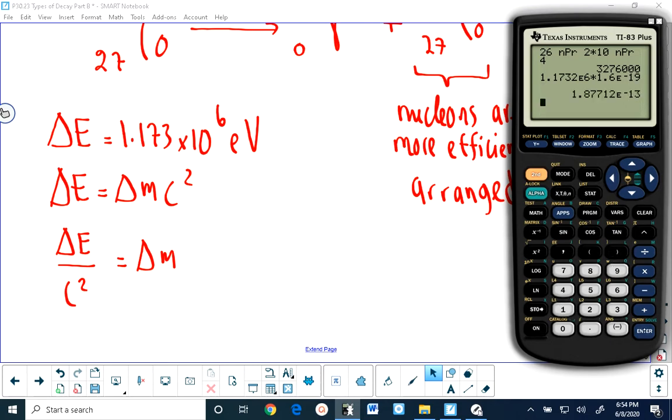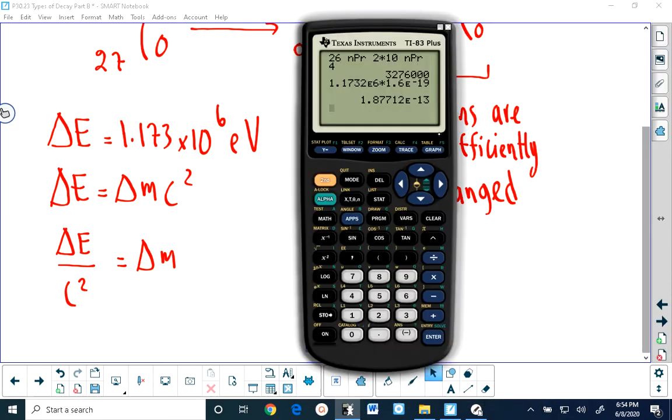And we get this loss of energy of the cobalt-60 nucleus. If I divide that now by the speed of light squared, what I can say is that the nucleus lost 2.09 times 10 to the negative 30 kilograms.